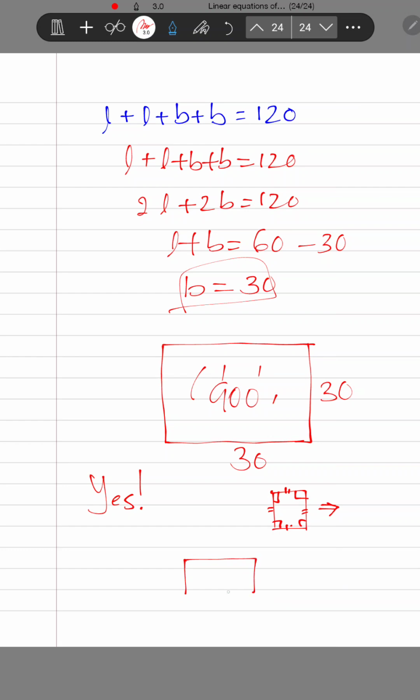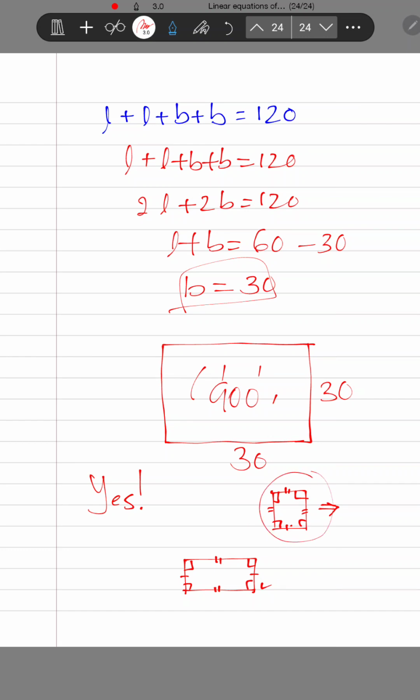To be a rectangle, it needs to have 90 degrees, that is true, and opposite sides congruent or equal. By definition of a rectangle, the opposite sides have to be congruent.